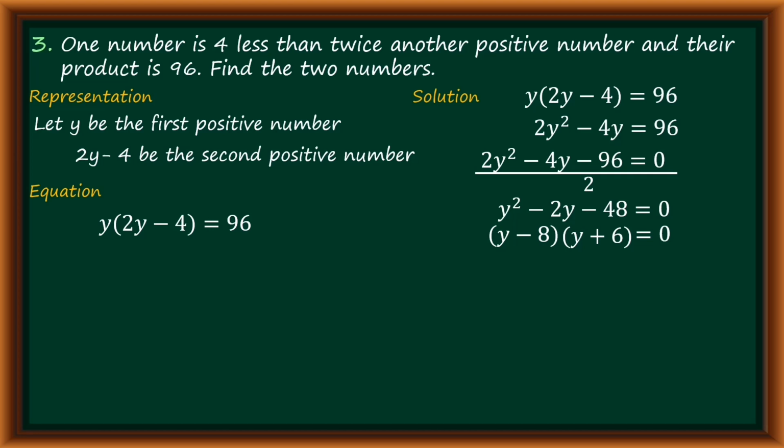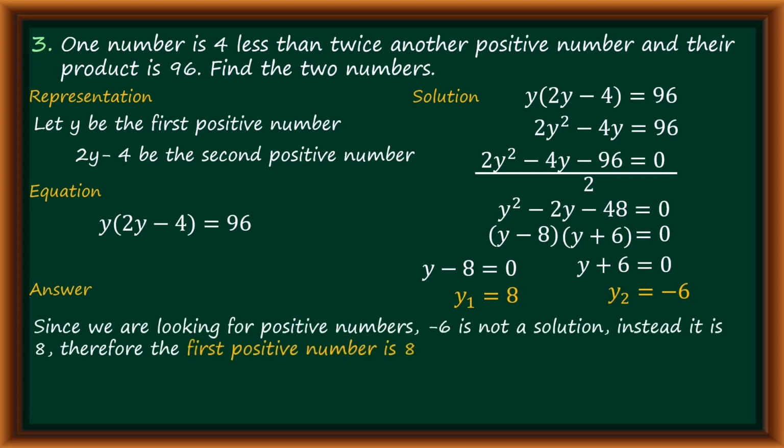To solve for the values of y, we have the first one, y minus 8 is equal to 0. So our first value of y is equal to 8. For the second value, we have y plus 6 is equal to 0. Our second y is negative 6. Now let us answer the question. Find the two numbers.